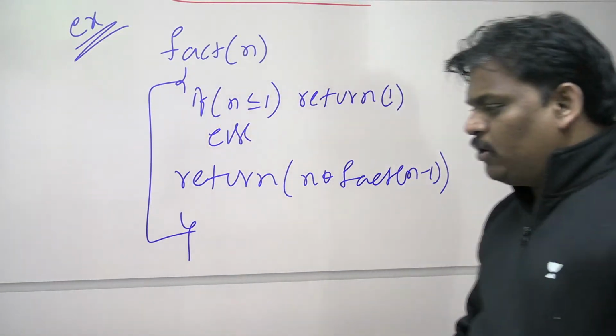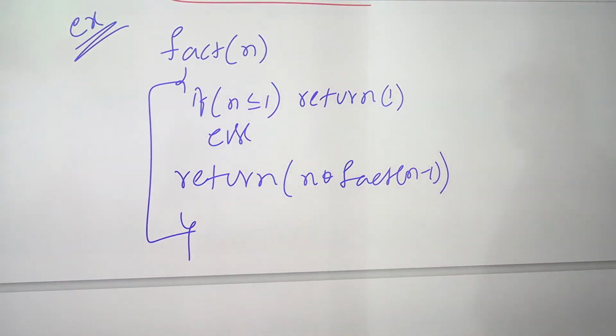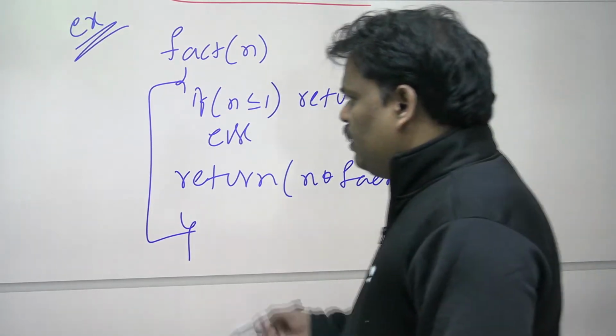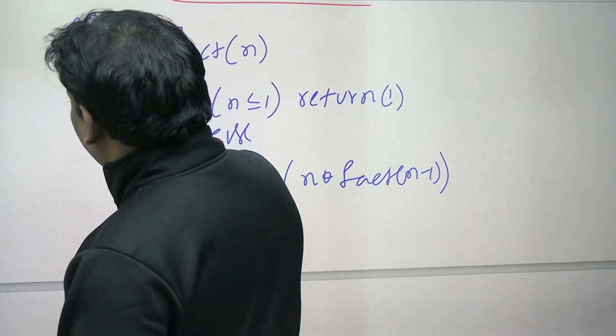So this is the factorial recursive program. If n is less than or equal to 1, return 1, else return n into fact of n minus 1. It is a recursive program for factorial.